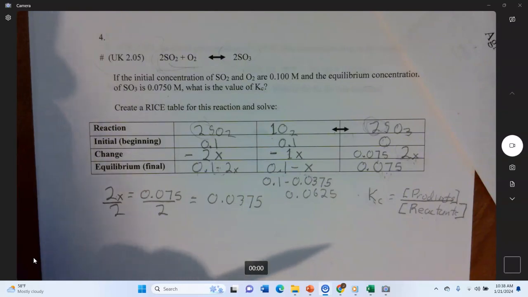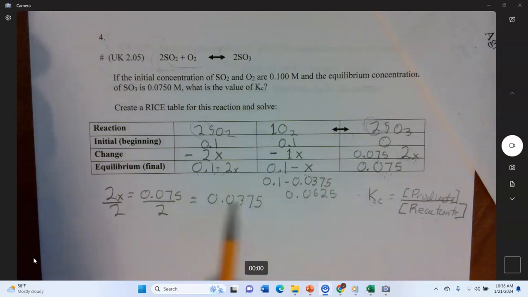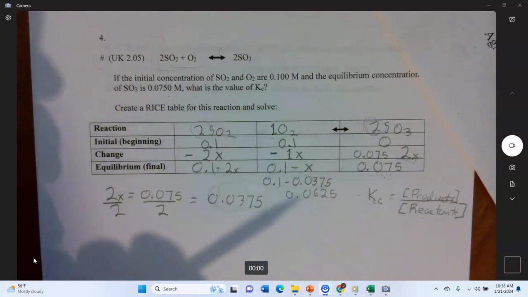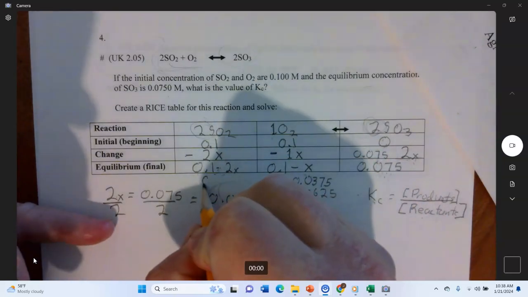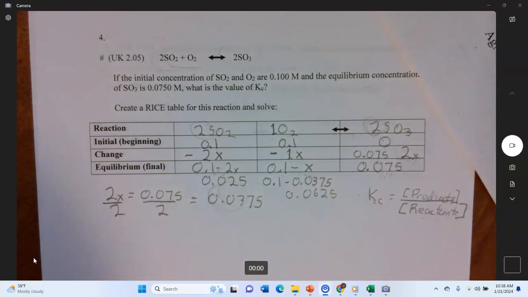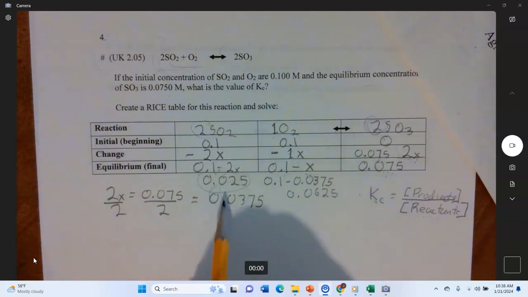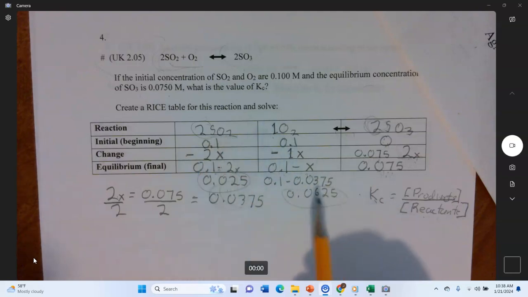Okay, so it's 2 times this number that we figured out right here, and that's going to be 0.025. So now we have all 3 equilibrium values in actual numbers, not algebra anymore. This is the final concentration of the SO2, this is the final concentration of the O2, and this we were already given in the problem for SO3.